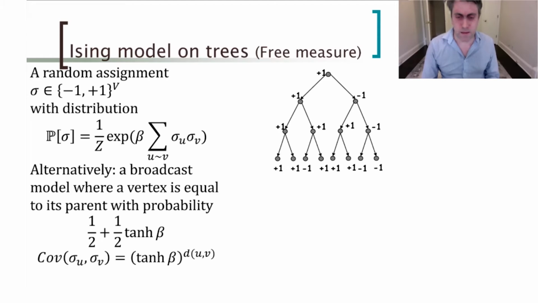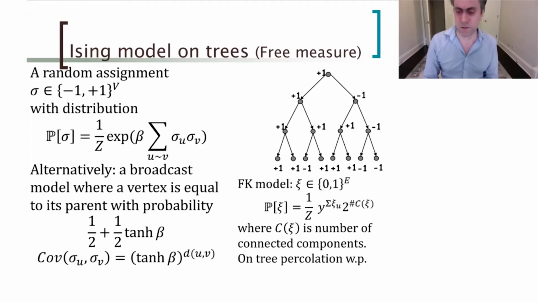Okay. And I can give a third construction, which is in terms of what's called the FK or Fortuin-Kasteleyn model. This is a probability distribution over percolation configurations, or bond percolation configurations. So it's just an assignment of zeros and ones to each of the edges, and a 1 means we keep the edge and a 0 means we throw it out.